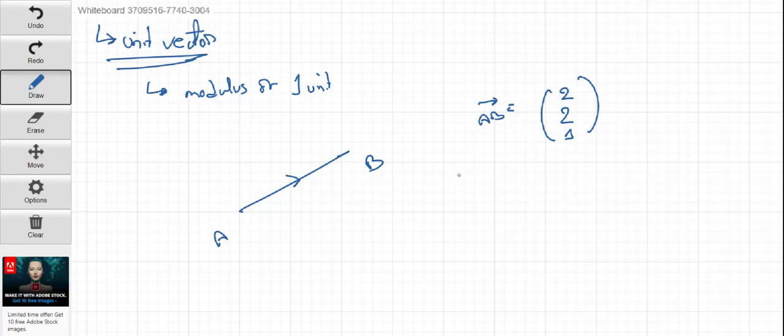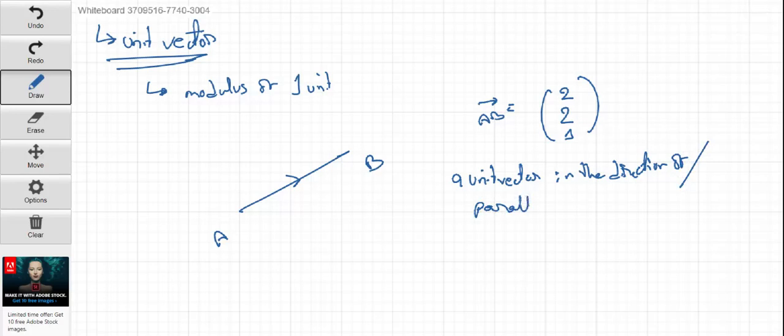Or find me a unit vector in the direction of, or parallel to, the vector AB. So this is the question, this is what I'm asking you to find.